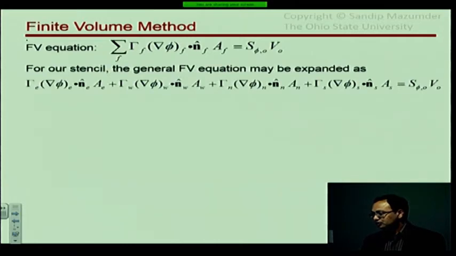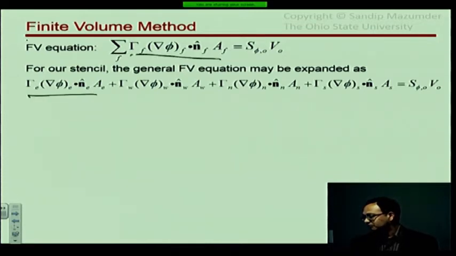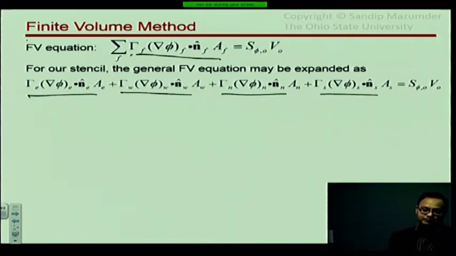So for this particular control volume that I showed in the previous page with 4 edges, this summation basically becomes a sum of 4 terms: east, west, north, south. So instead of F, I'm using the small letters east, west, north, south. Summation over 4 faces.